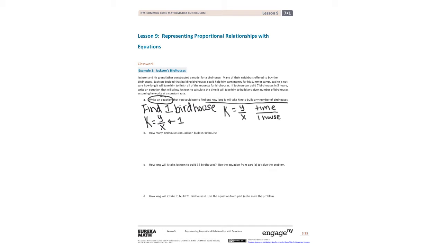With the given information that we have, we know Jackson can build 7 birdhouses in 5 hours. So that means that we need to put in for our time. So we have 5 over the amount of birdhouses he can make, which is 7. Go ahead and plug that into your calculator.